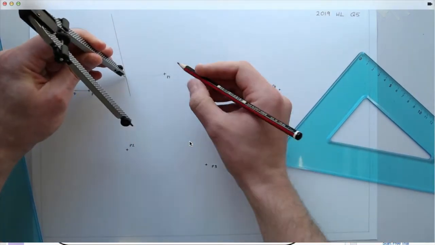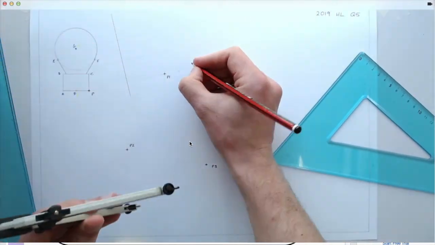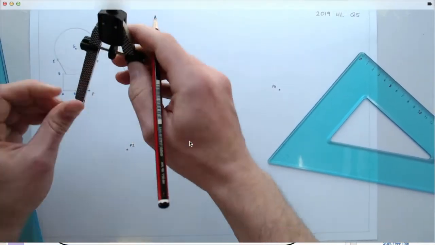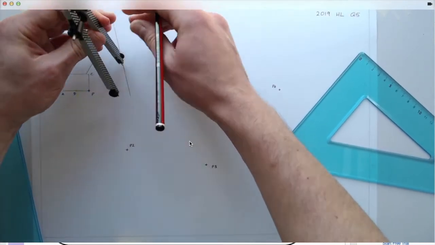And make sure as you go that you label them as you go. If you label them as you go, then you'll be sure that you have the right points on the right lines.